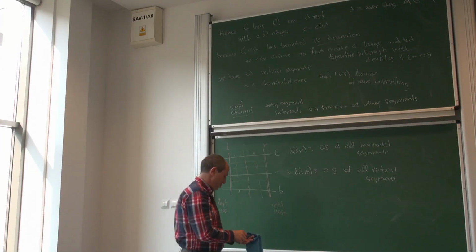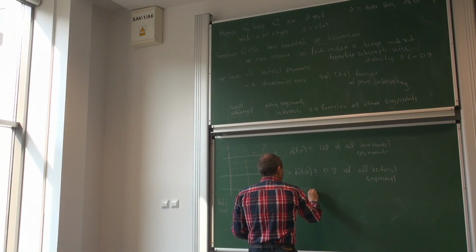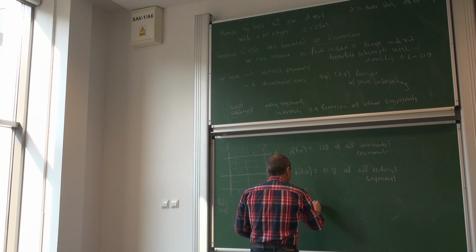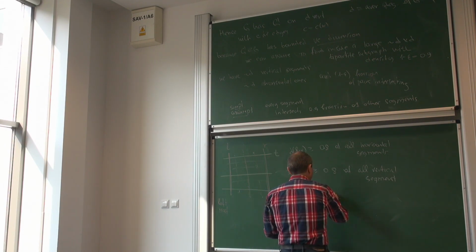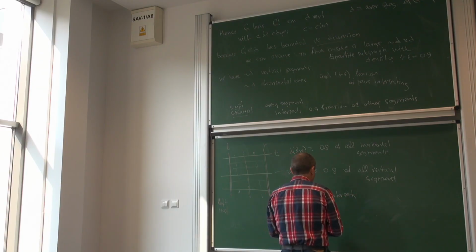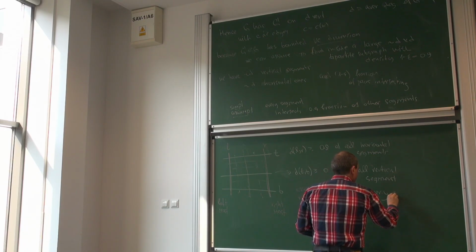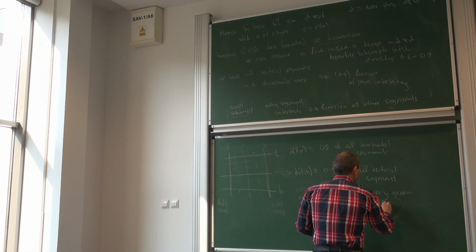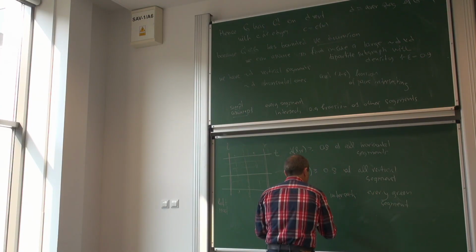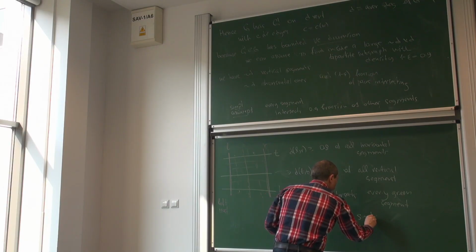And so then we will have every red segment intersects every green segment. And this gives me K_{s,s} with S proportional to D.